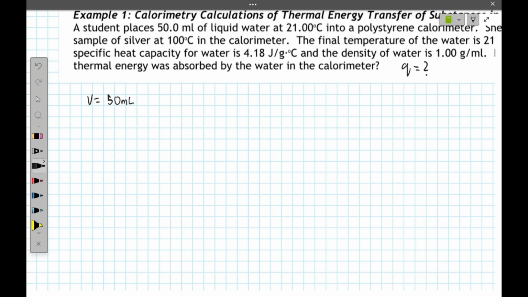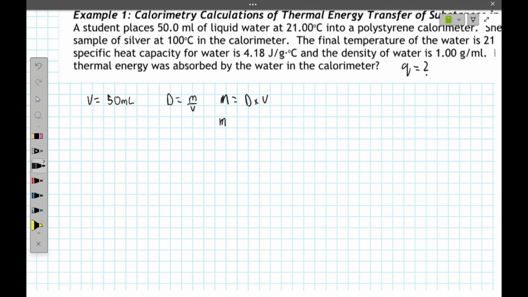We want this in grams because we cannot use volume to solve for Q. So let's use the density formula to solve for the mass. Density is equal to mass over volume, and now mass is equal to density times volume.